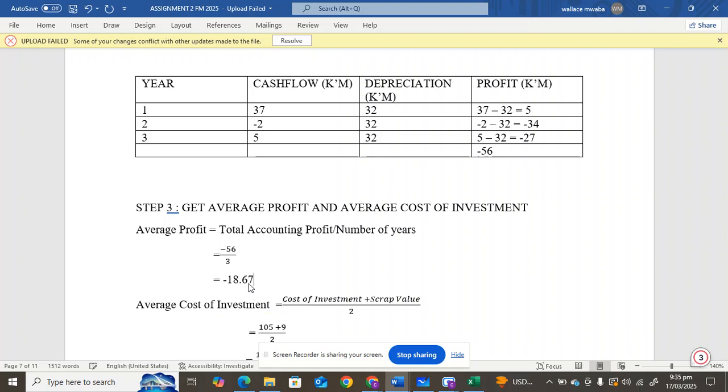This is our average accounting profit. It's basically like saying in year 1 your accounting profit will be negative 18.6, year 2 negative 18.6, year 3 negative 18.6. If you add those three, you still come to negative 56.